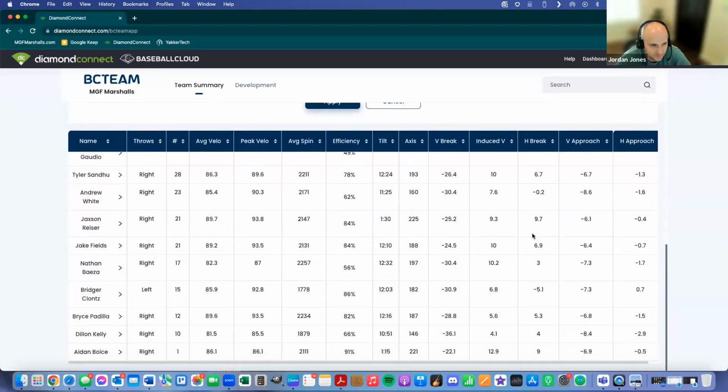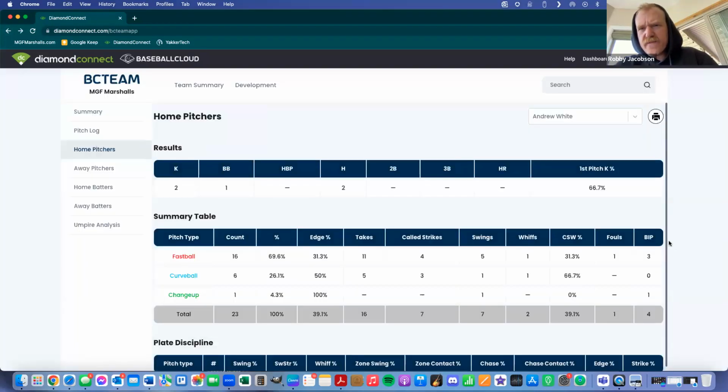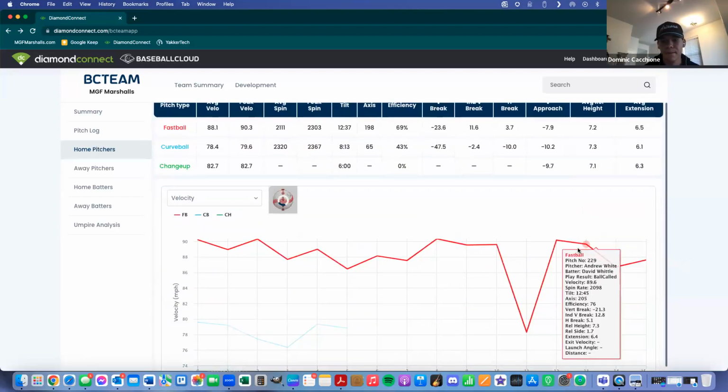It doesn't look the same. Yeah, it just shows a pitcher by pitcher breakdown. Okay, so we probably got to get in there and do a little pen and paper stuff if we want that, correct? Yeah. Okay. All right, no problem.